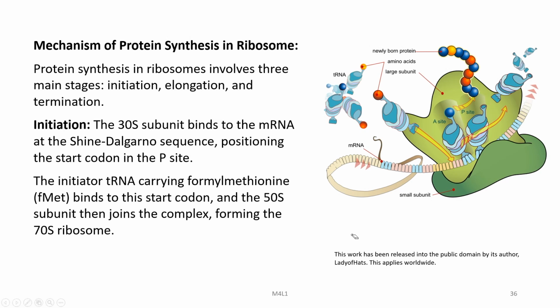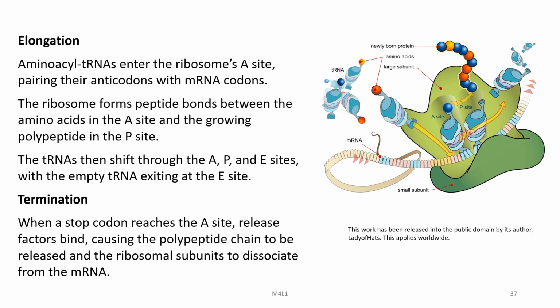The initiator tRNA carrying formyl methionine, fMet, binds to this start codon, and the 50S subunit then joins the complex, forming the 70S ribosome. Now, next is the elongation, where aminoacyl tRNA enters the ribosome's A site. You can see here the A site pairing their anticodon with mRNA codons.